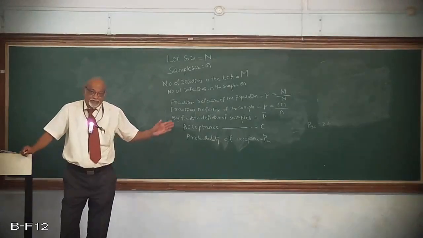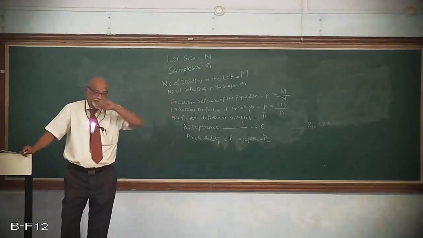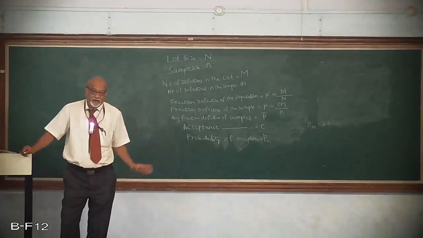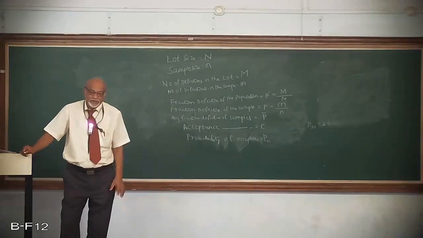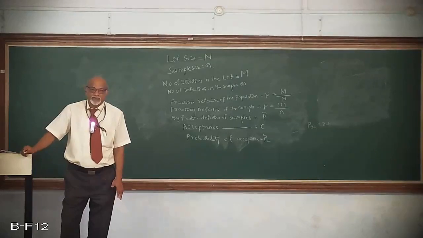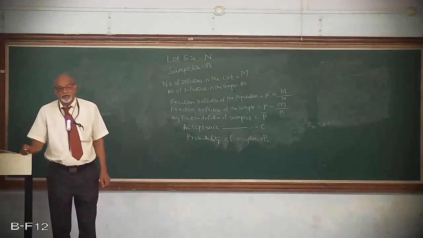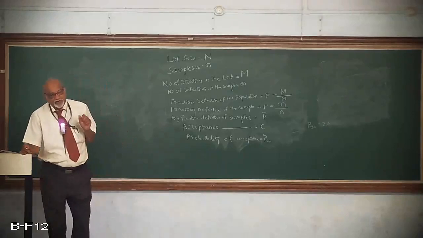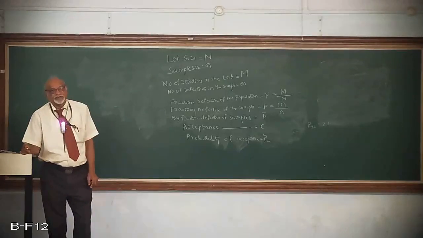So, as the defective increases, what will happen? Will the probability of acceptance go on increasing or decreasing? It will go on decreasing. This is what the operating characteristic curve should tell us, how it behaves.